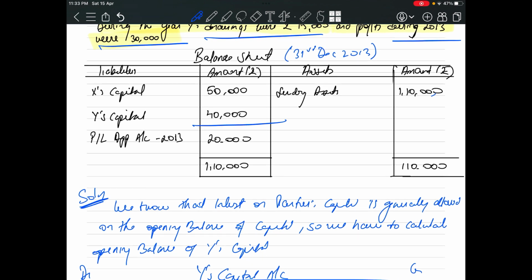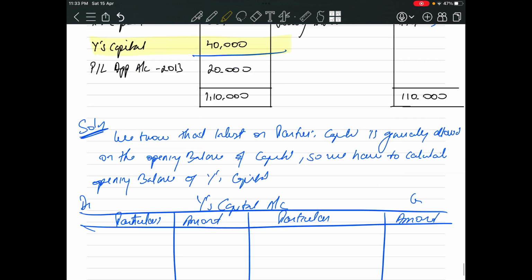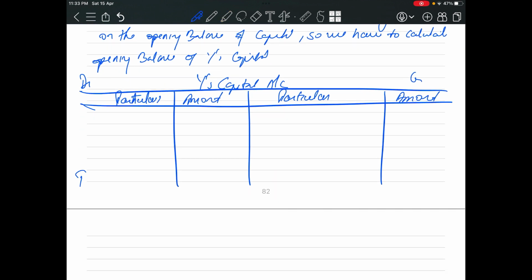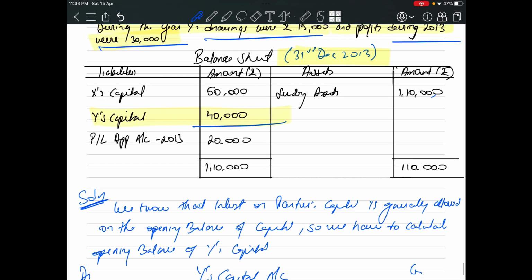Now see, the balance sheet has given us the closing balance. This balance sheet is for 31st December, so the closing balance is 40,000. To balance c/d is 40,000.